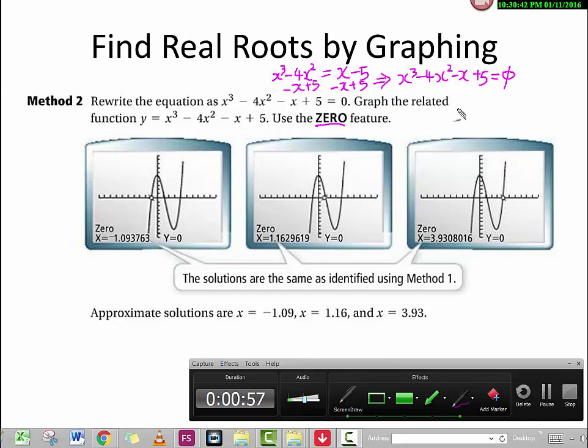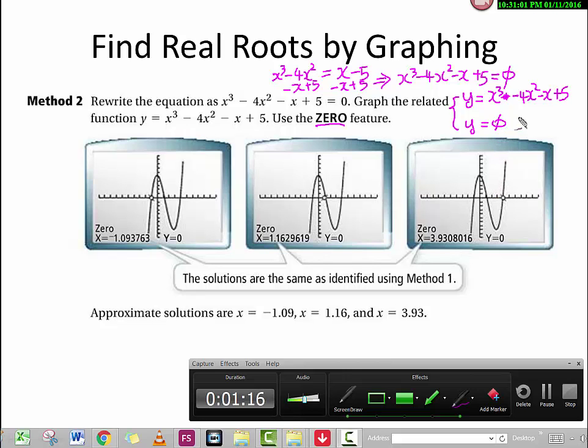We are actually doing the system as well here, but right now the difference is the first one, y equal to x cubed minus 4x squared minus x plus 5, and then the other one is y equal to 0.